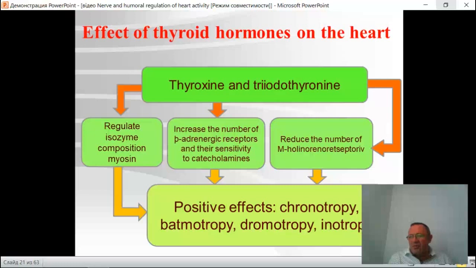These hormones reduce the number of muscarinic cholinoreceptors. As a result, thyroid hormones have positive effects: increase heart rate, increase excitability, increase conductibility, and increase contractility.